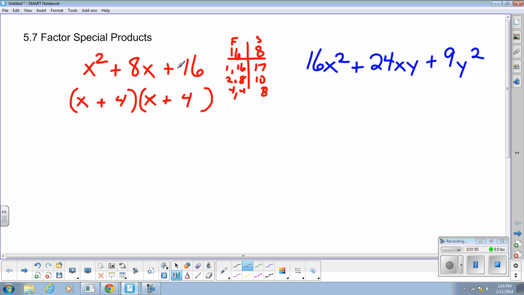The square root of 16 is 4, and I have that square root here. I can then rewrite this as x plus 4 squared.